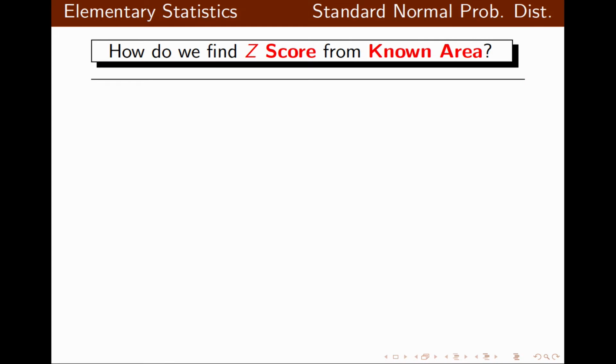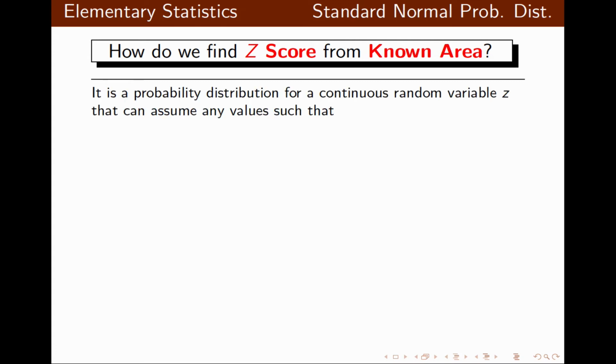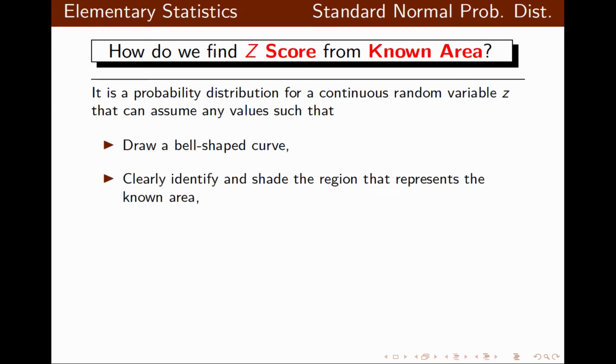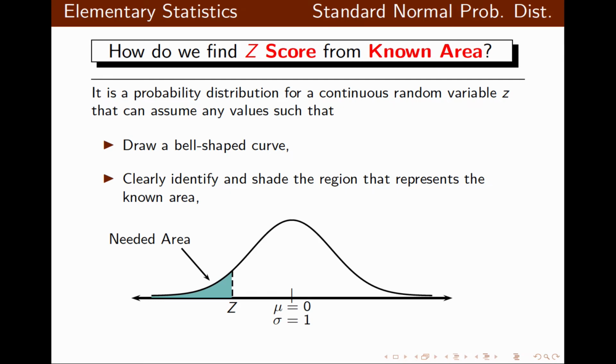Now, how to find z-score from known area? So we're working with probability distribution for a continuous random variable z that can assume the following criteria. We're going to draw a bell shape. We're going to clearly identify and shade the region that represents the known area. But for using TI, we definitely need to know the left area of z.